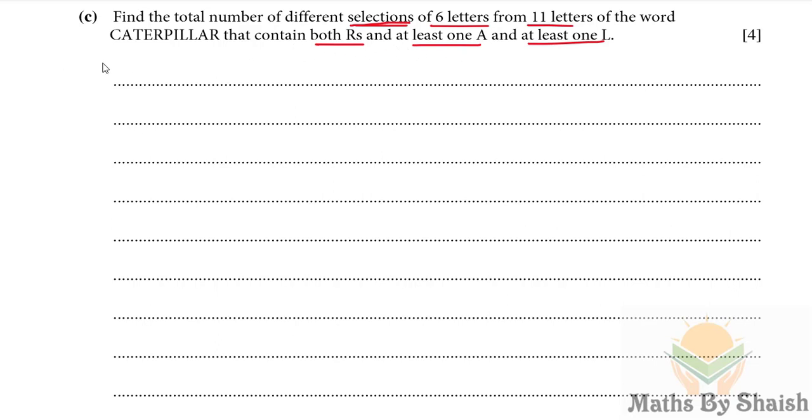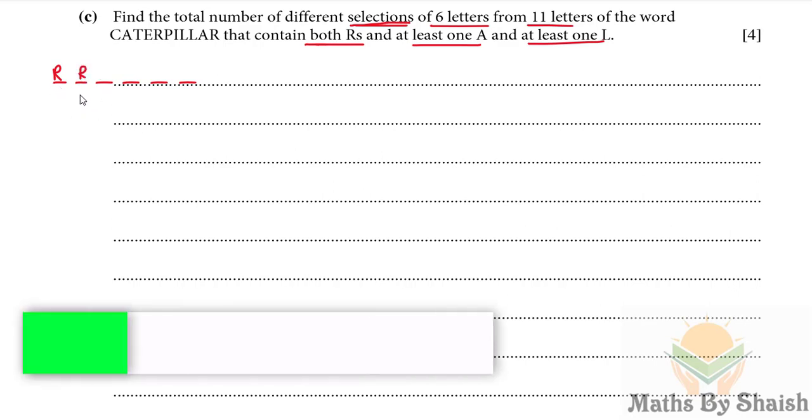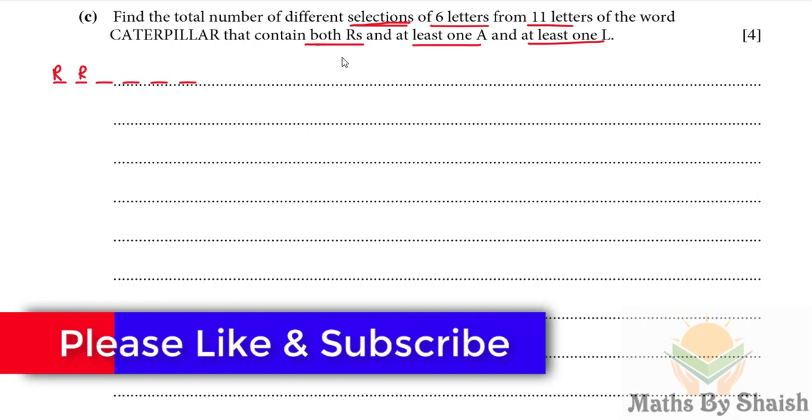If we require 6 letters, I'll make places 1 2 3 4 5 6. It is given that both R's are there, so both R's are filled in all the scenarios. The next one says that at least one A should come.